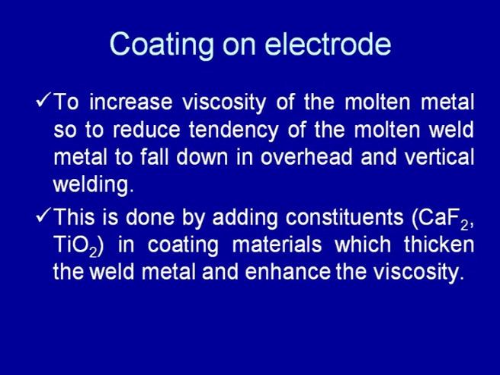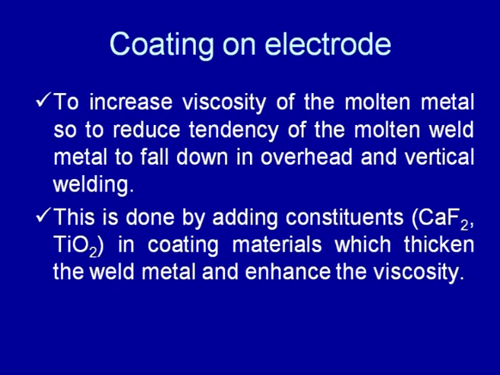Then, to increase the viscosity of the molten weld metal, sometimes the coating is modified so as to reduce the tendency of the molten weld metal to fall down, especially when overhead welding, vertical welding or horizontal welding is being performed. So, if we are able to increase the viscosity of the molten weld metal, then the tendency to fall down will decrease, and this will help to increase the welding speed by placing more and more weld metal in the places where it is required.